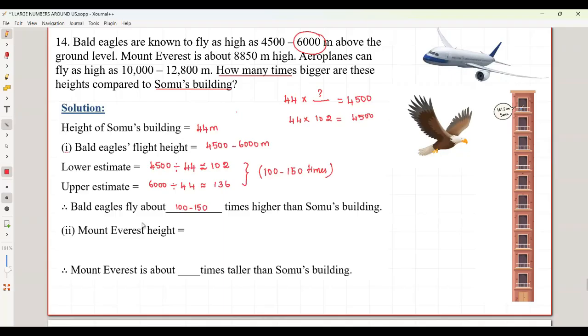In division format, we just divide 8,850 by Somu's building height of 44. Approximately you will be getting 201. So Mount Everest is about 201 times taller than Somu's building.